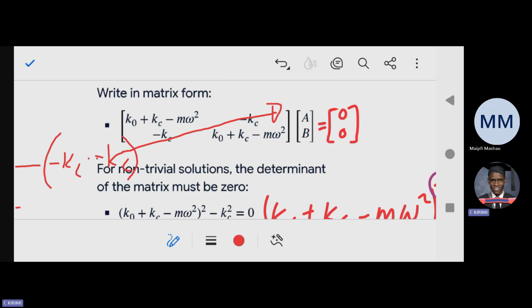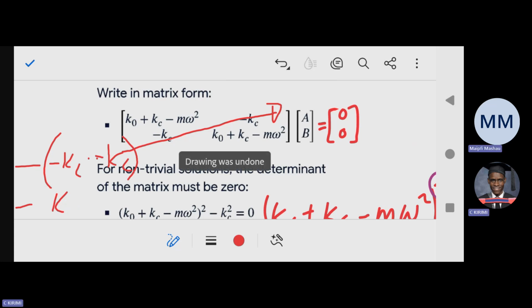So it's minus KC squared, minus KC times minus KC. It's minus KC squared. So minus and minus give you a positive inside the bracket. So positive and negative, which is outside for subtracting determinants. That's why the negative, positive and negative give you what?